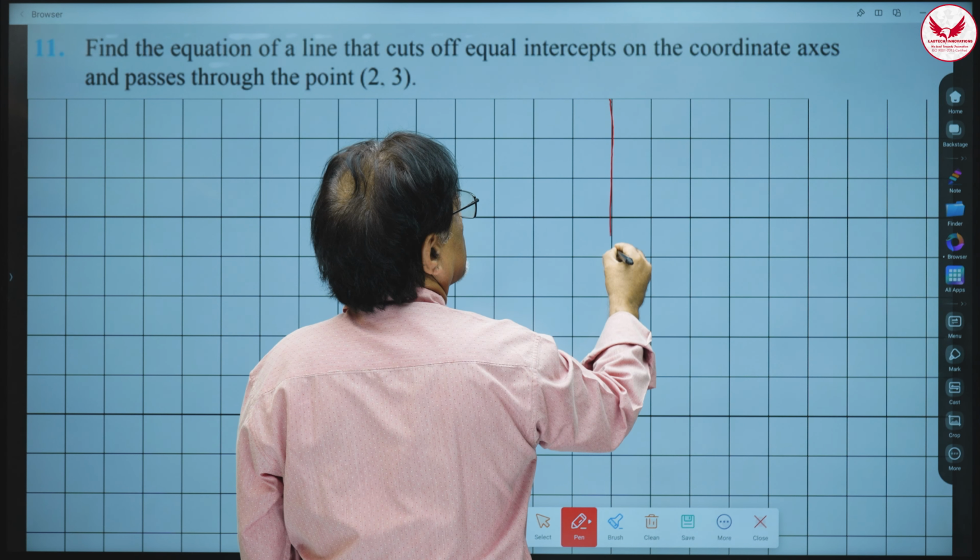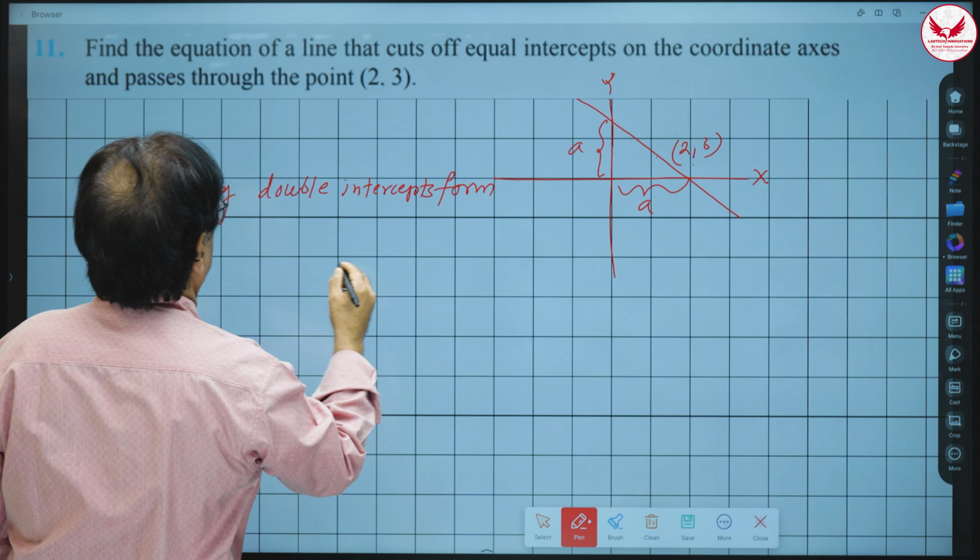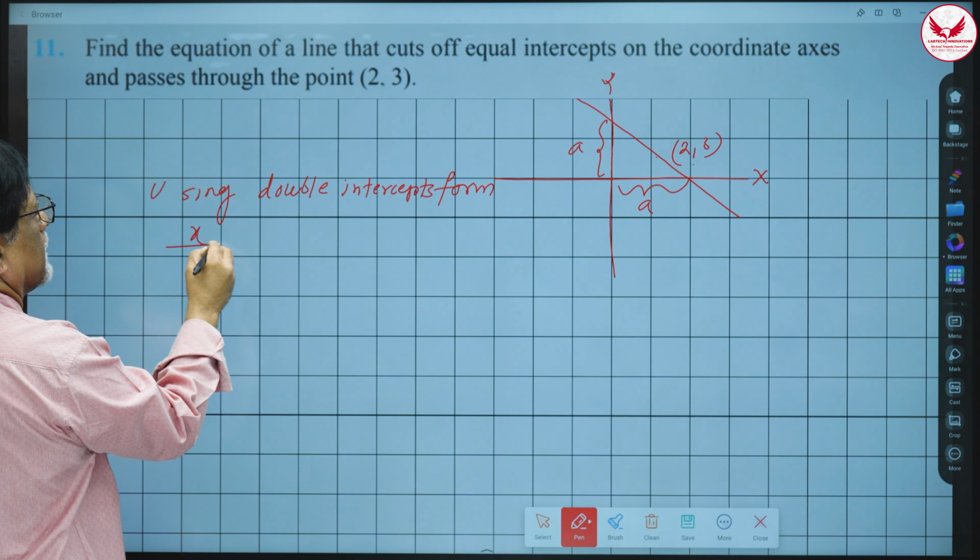Now the line which cuts off equal intercepts on the coordinate axes. So this line is somewhat like this, so that this intercept is equal to this intercept. Suppose this intercept is called A, then this is called B, but if B is the same as A, both the intercepts are A. So using the double intercept form, what is the double intercept form? x upon a plus y upon b is equal to 1.